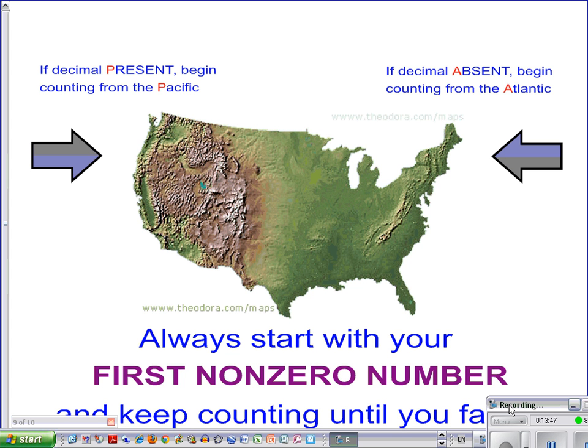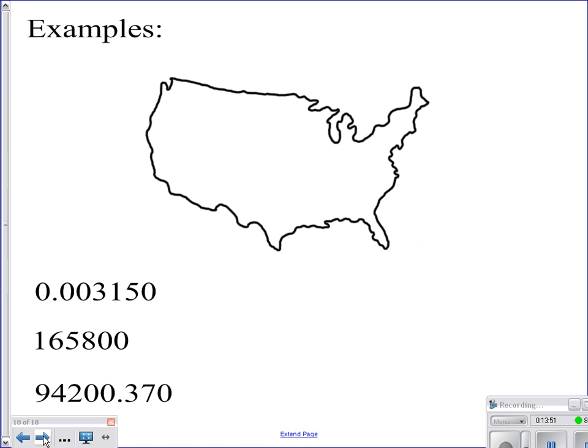So I'm going to jump ahead. You don't have these exact numbers. Don't worry about writing these examples down. You've got plenty of examples. But in this first one, the first thing you ask yourself is, is that decimal present or absent? It's present. So I'm going to start over here at my Pacific, and this is hard to show on video, but this is where I'm starting from.